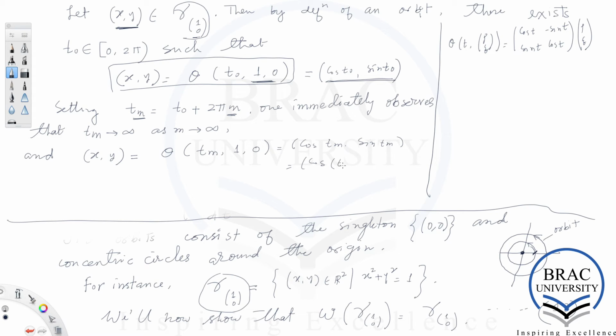Tm is t0 plus 2 pi m, and this is sine of t0 plus 2 pi m, where m is any natural number. Using the periodicity of the cosine and sine functions, this can be written as cosine t0 and sine t0. And this is precisely x comma y, right? Good.